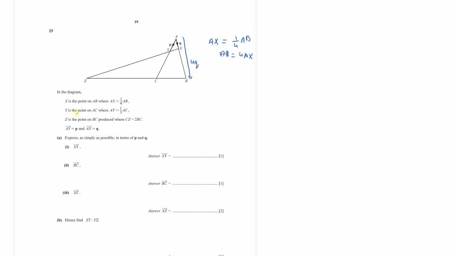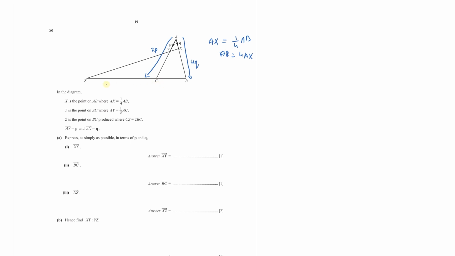The next is Y is the point on AC where AY is 1/3 AC. So if this is P, AY is P, this whole length here, AC, would be 3 times AY. So this would become 3P. Z is the point on BC produced where CZ equals 2BC.